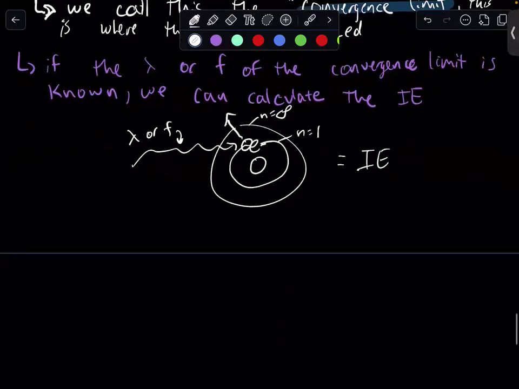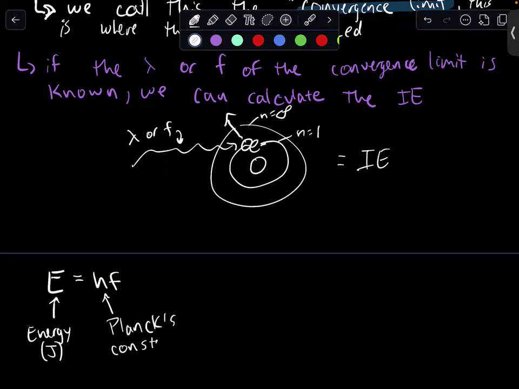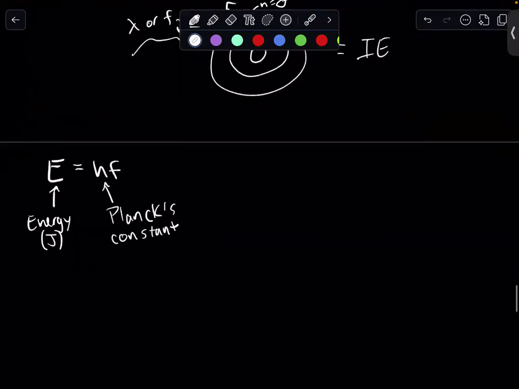Well, it's very simple. We use two formulas. The first formula we use is E equals hf, where E is the energy. That'll be measured in joules. h is a constant called Planck's constant. This is in your data booklet. It is 6.63 times 10 to the minus 34 joule seconds.